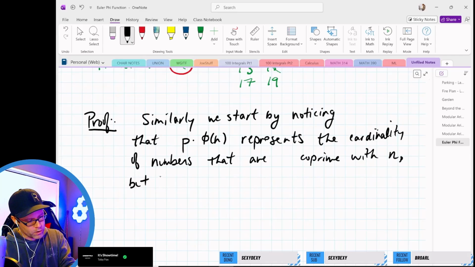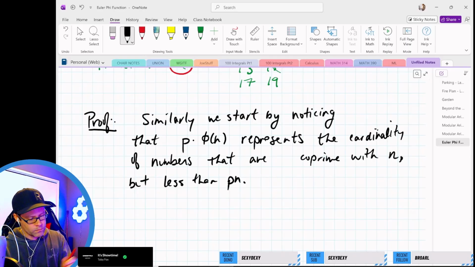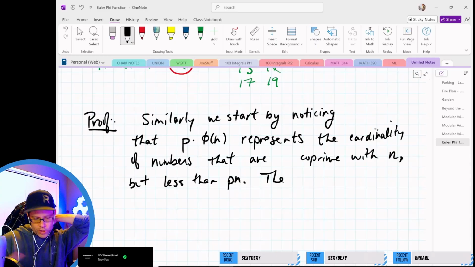And maybe I'll just be a bit more specific. We want this to be less than Pn. The next step is to take into account the multiples of P on the way up to Pn.